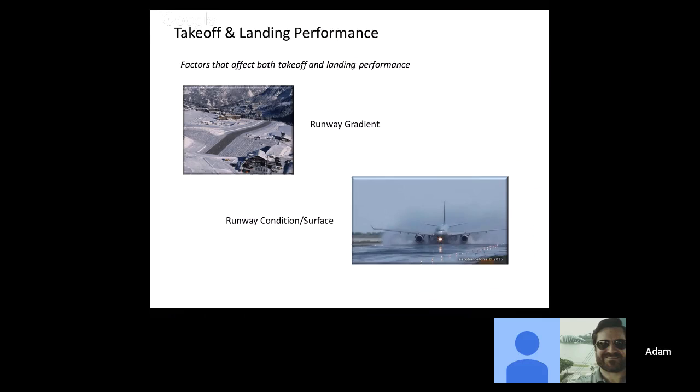For example, we usually take off and land into the wind with a headwind. Well, if your runway gradient is not favorable, as in if it's uphill, then you would likely take off downhill, even if it meant taking off with a tailwind. So all things to consider as you're flying into strange airports and gravel runways, grass runways, that kind of stuff.